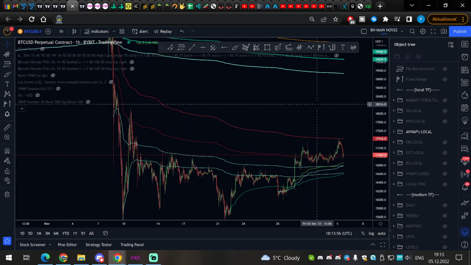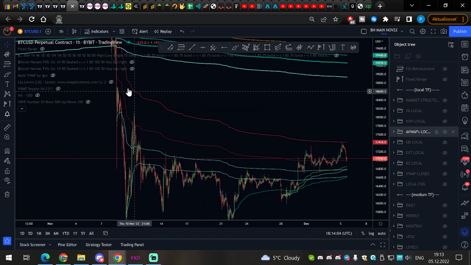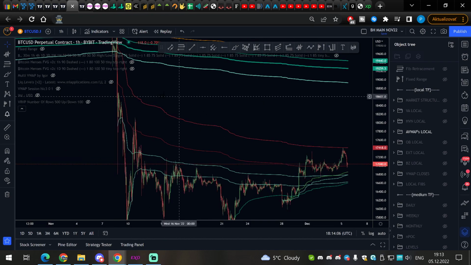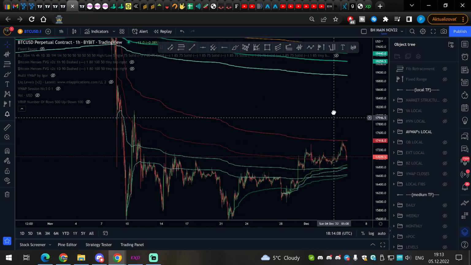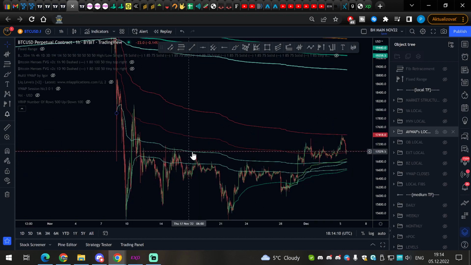If you know the statistics behind anchor VWAPs, you know you have a very high chance of getting a scalp or day trade. In the better case, after a long time, when it's untouched for a very long time, every single anchor VWAP like this gave you a trade like this. Okay, so they are very nice.